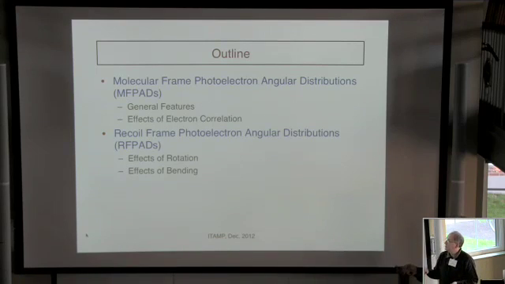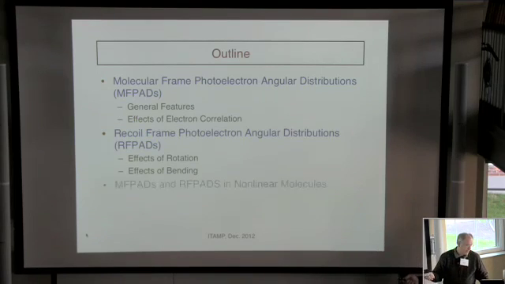The system can bend, or it can rotate before the fragmentation occurs, and then you have to worry about the connection between what you calculate, a true molecular frame, and what they actually would measure. So in a dissociative photoionization experiment, they'd measure where the recoil fragments went. And so what does the photoelectron angular distribution look like in the recoil frame as compared to the molecular frame?